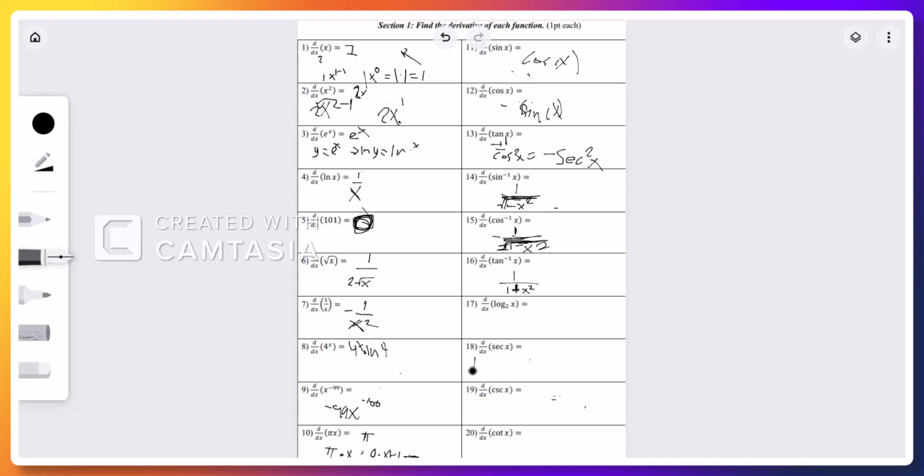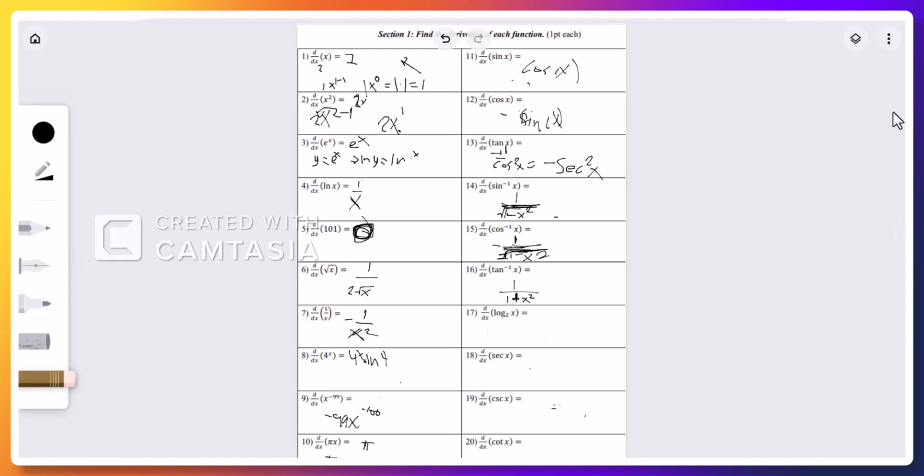as we said, it's going to be 1. So as said before, secant is 1 over cosine x. This is going to equal, we're going to do the high d low as we did last time. So cosine low d high, which is a constant, so it's going to be 0, minus high d low, which is negative sine.